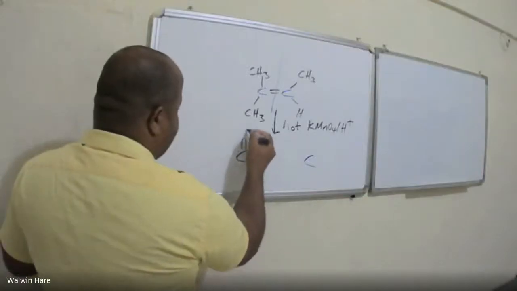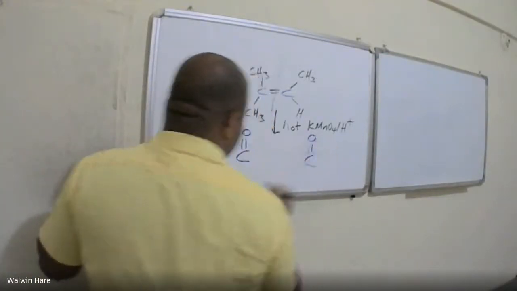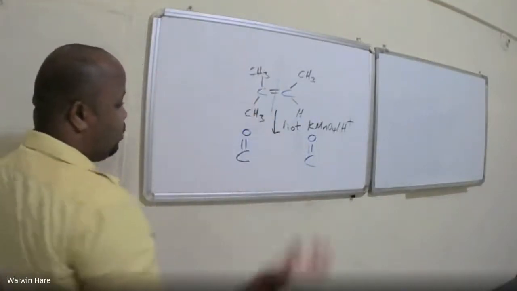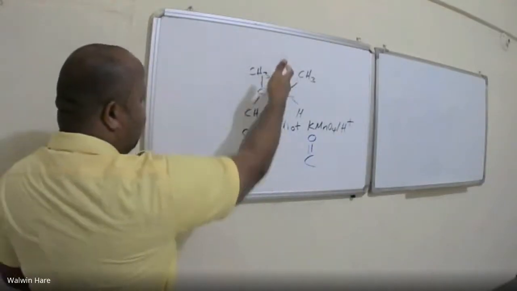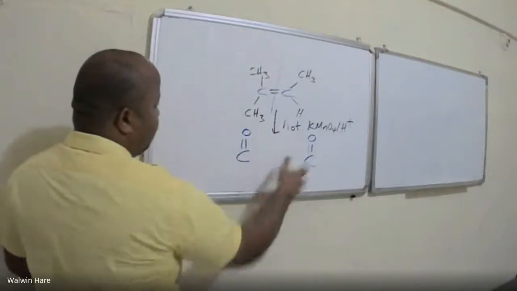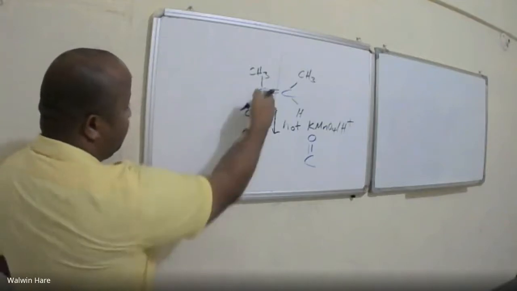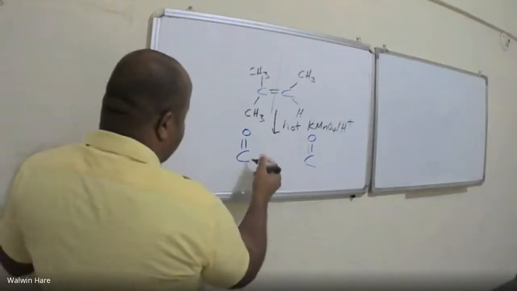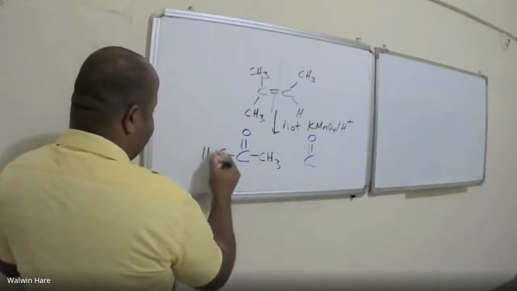Each carbon has a double bonded oxygen. Right. And then all you have to do is put back everything that was there. So when it's hot potassium permanganate, the double bond is going to be cleaved, and each carbon is converted to the carbonyl group. So C double bond O, this carbon had methyl groups attached to it, so we put them back on. So CH3, CH3.